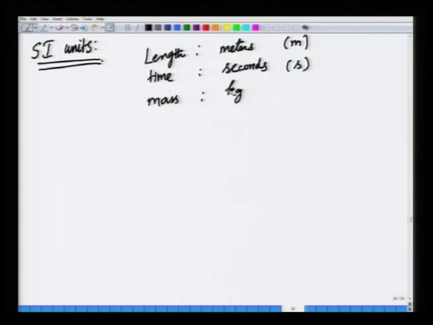Okay. This is kilogram, this is kg. This is the metric system, and if you want to report 1 millimeter, mm is 10 to the minus 3 meter, whereas 1 kilometer is 10 to the plus 3 meter.